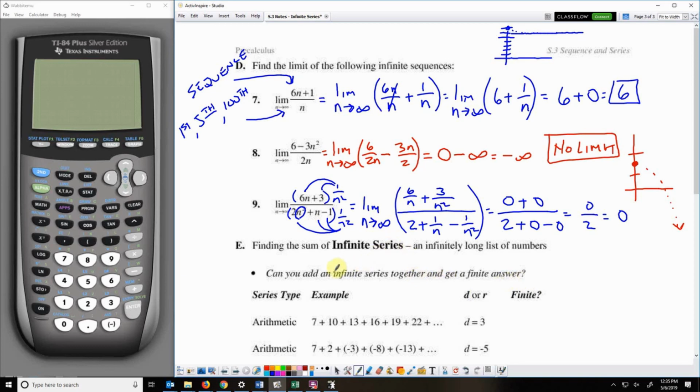Right? Now, I want to know the value of the first term. So this is my answer, but I want to illustrate it. If I put in a 1, I get 6 plus 3 over 2 plus 1 minus 1, which means I've got 9 over 2. So my first term has a value of 4.5.